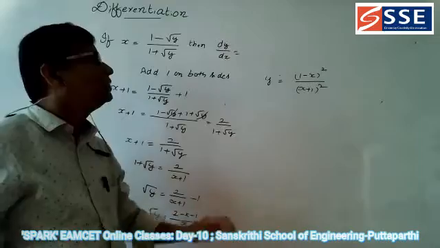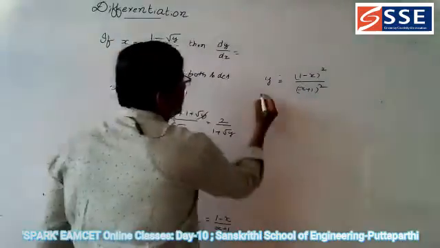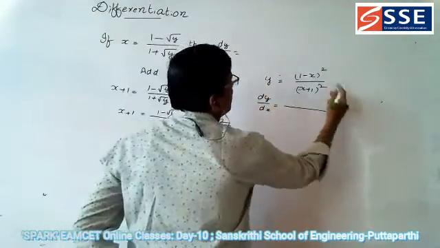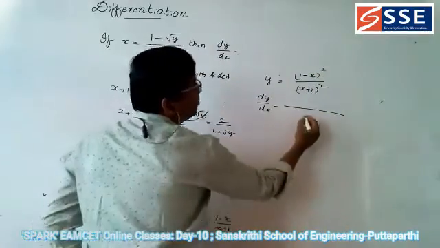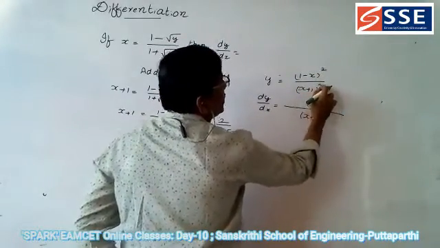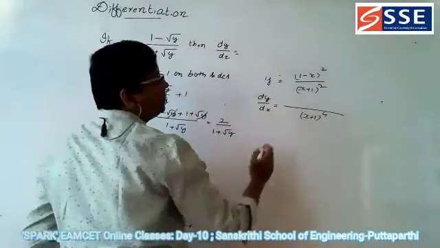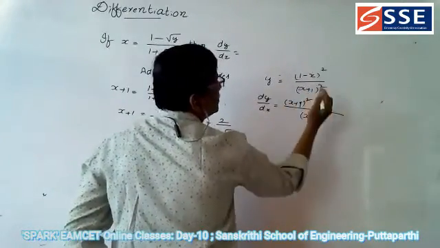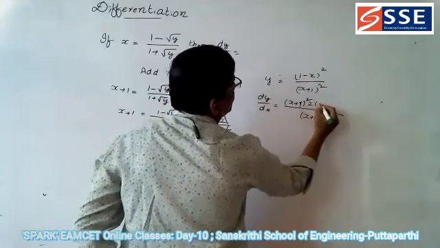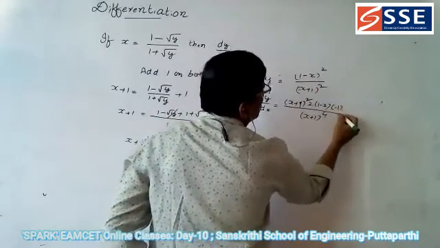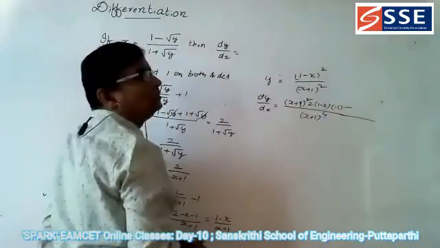So here, now differentiate. So dy by dx is equal to, this is in the form of u by v method. u by v method means v square, (x plus 1) whole square whole square, whole power 4. Write down this term as it is, and the differentiation of this, 2 into (1 minus x) into minus 1, differentiation of this is equal to minus 1.